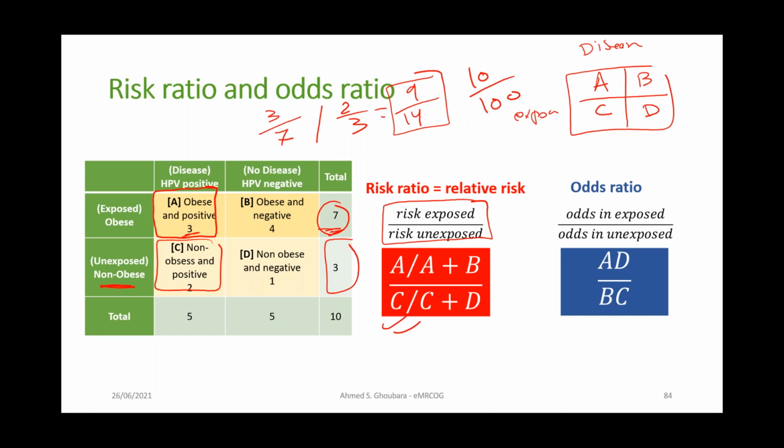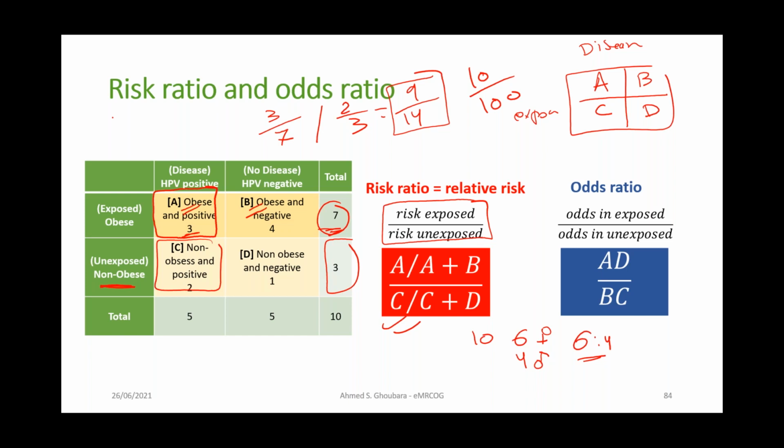Okay. Odds ratio, next thing. Odds ratio means, again, a ratio between two odds. The odds means cell A and cell B divided by each other. If I have 10 people, like 6 females and 4 males, the odds will be 6 to 4. We call this the odds, 6 to 4.